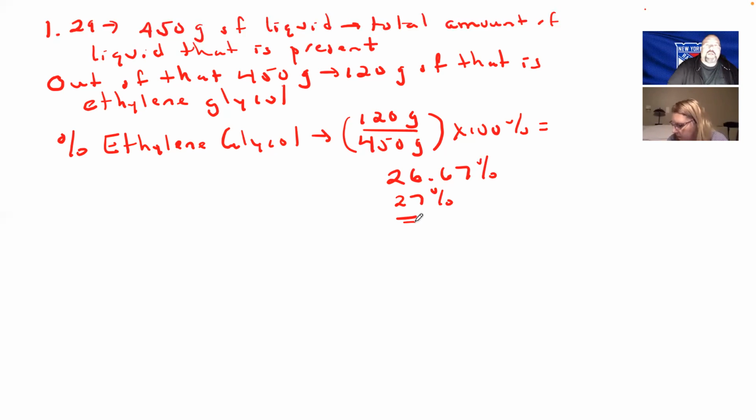And then 120 grams of that would be the ethylene glycol. Yeah, a lot of that is going to come down to the wording of the question, whether you have to add the components together, or is that the total amount, and what they're giving you is just a part of it, so to speak. Okay.